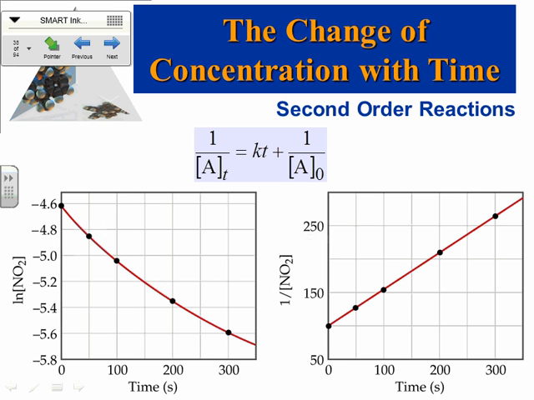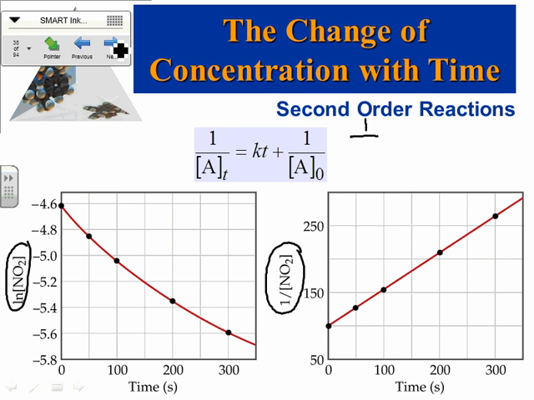Now notice, they're showing you here, if you tried to plot this one using the natural log of the concentration versus time, it's not going to give you a straight line graph. Okay? For a second order reaction, the only way you can get a straight line graph is if you take 1 over the concentration of the reactant versus time. Okay? Now also notice this one has a positive slope. Okay? And the reason for that is as the reaction continues, the concentration is going to decrease over time, right?